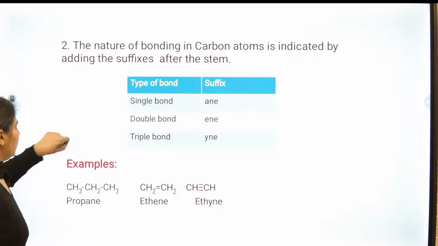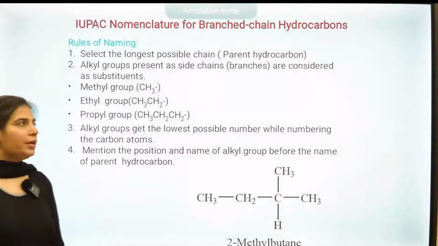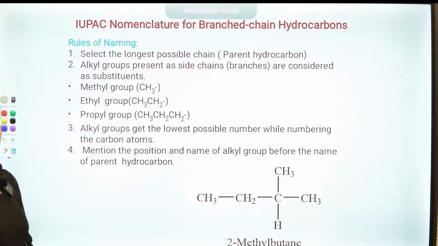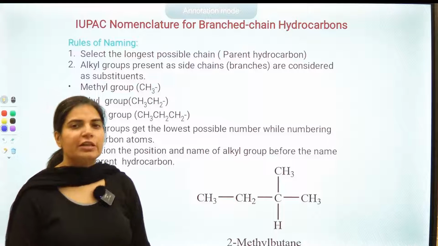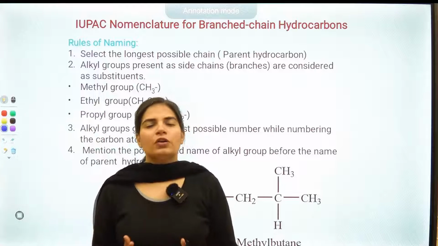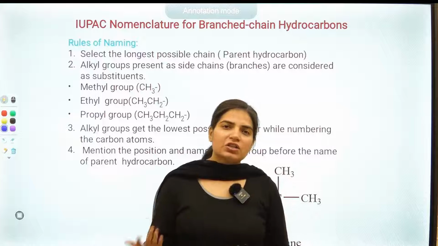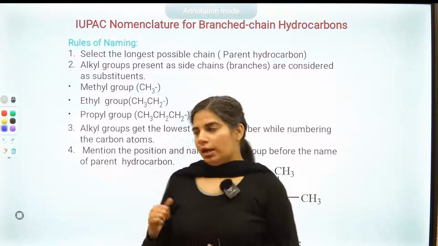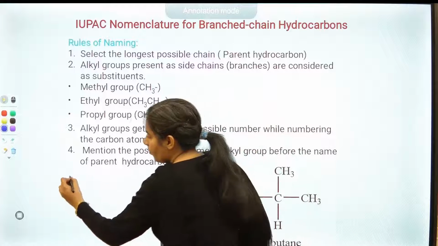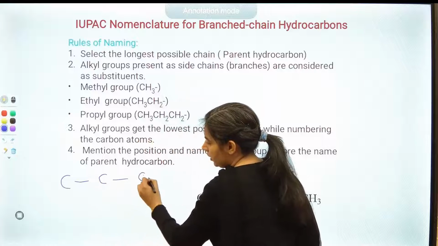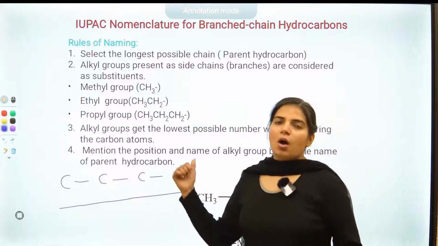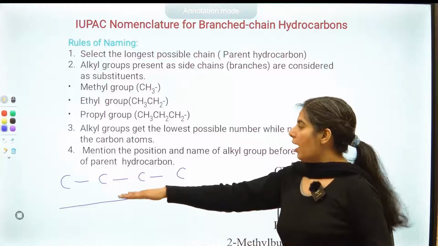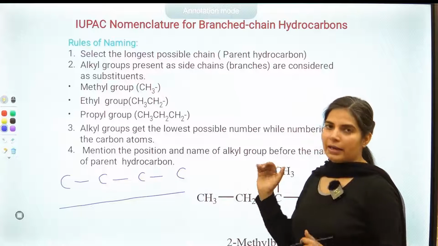Let's move to the next part. Now we are going to discuss IUPAC nomenclature for branched chain hydrocarbons. Firstly, what do we mean by a branched chain hydrocarbon? Here, if I consider this example, all the carbon atoms are present in a straight manner.